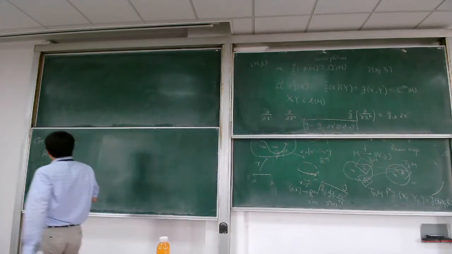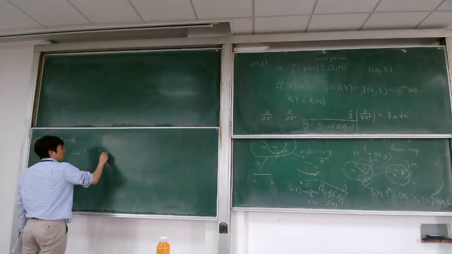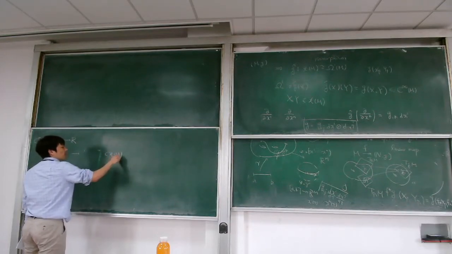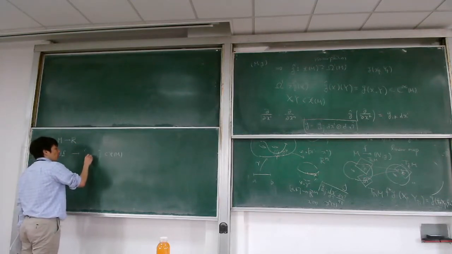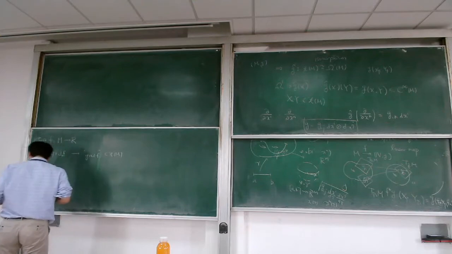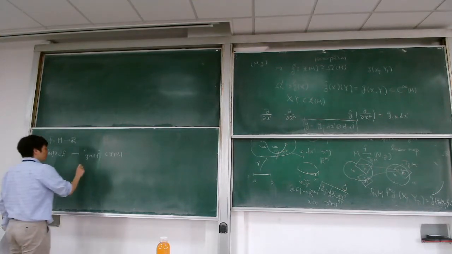So the question is, what is the corresponding object in the vector field? That's what we are going to think about, and it is called the gradient vector field of f.